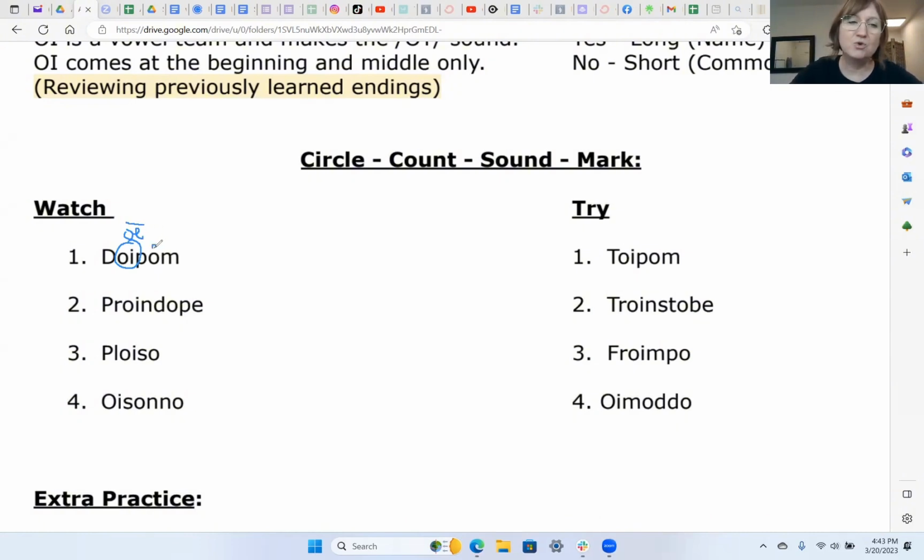This is going to make the schwa sound, which is represented by an upside down E. So when I pencil read it, we have D, oi, P, M. Yeah, D, oi, M. When you combine it, it's doi pum, doi pum. You try yours over here. I'll be quiet while you work.